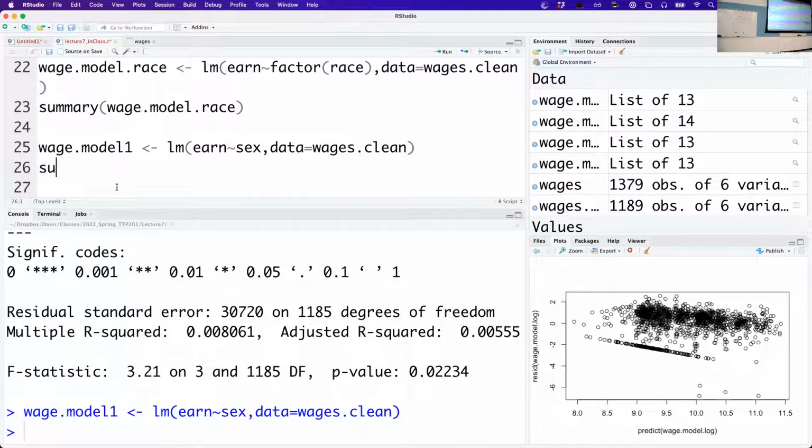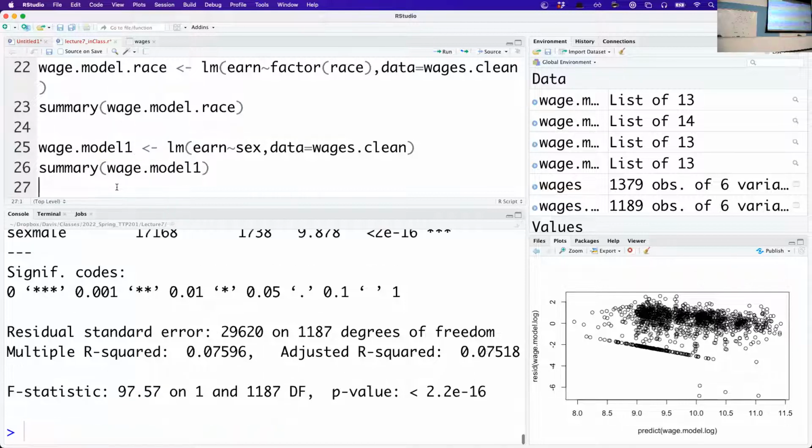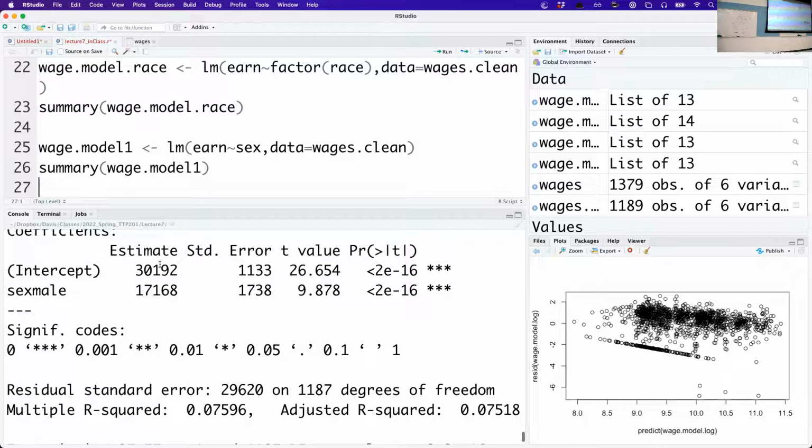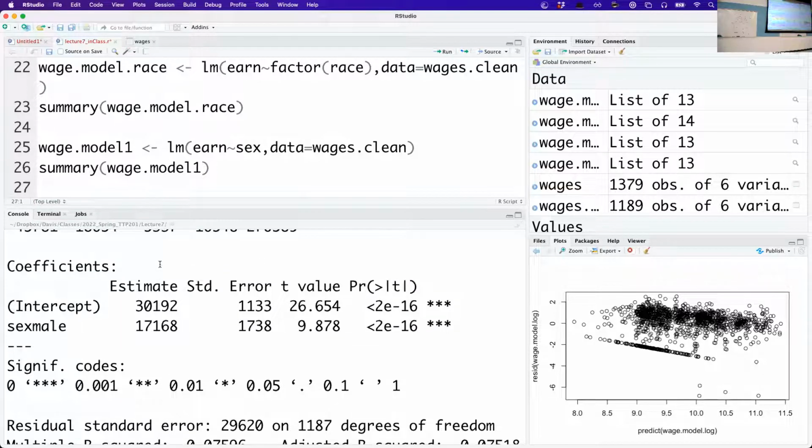Okay, so let's take a quick look at this. So in this case here, females make on average 30K, males make on average 17K more. Okay, so that's kind of this plot right here.